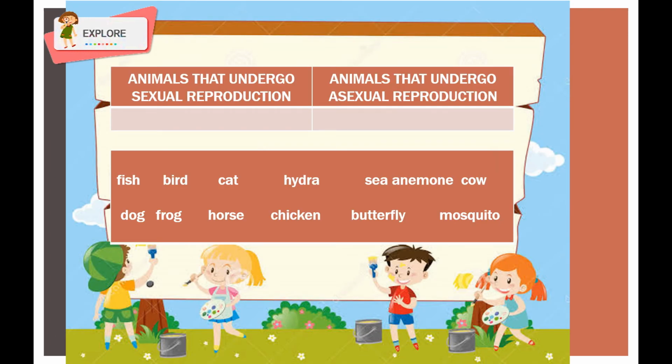Here are the lists of animals: fish, bird, cat, hydra, sea anemone, cow, dog, frog, horse, chicken, butterfly, mosquito.